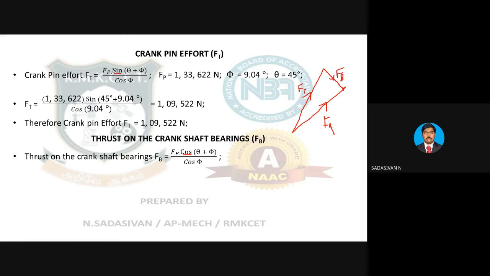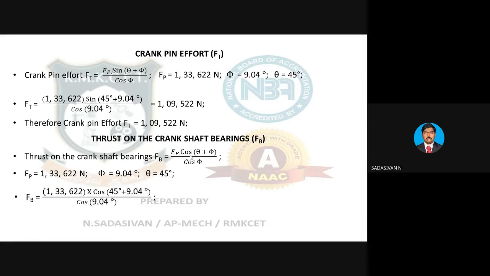This FQ is divided into two components. One is FT and the other is FB. That's why the difference in formula is very simple. Here you have a sin, here you have a cos. Everything else is same, because they arise from the single vector. So Fp is 133,622, phi is 9.04, theta 45. Put into the above equation. 133,622 cos of 45 plus 9.04 over cos 9.04.